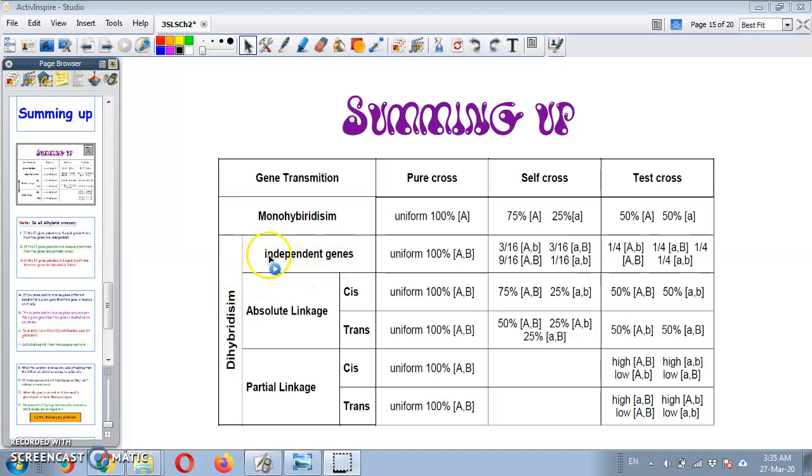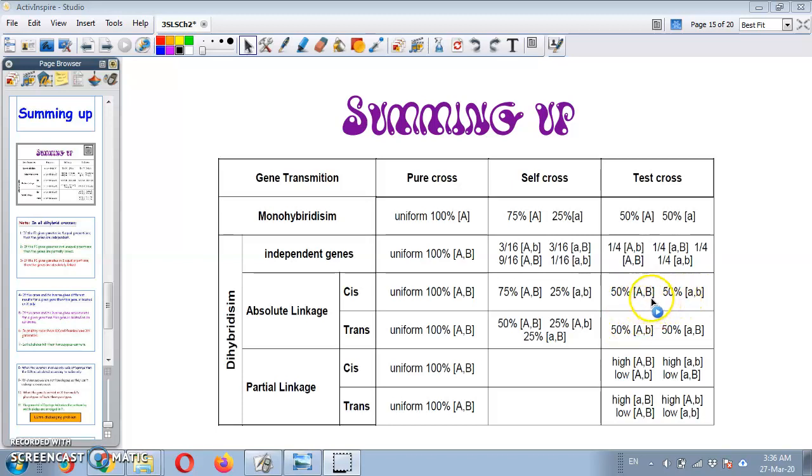If the genes are independent, then the self cross will give 9:3:3:1 and the test cross will give four equal results. However, in the absolute linkage case, the test cross will give 50% to 50%, two halves of the offspring.